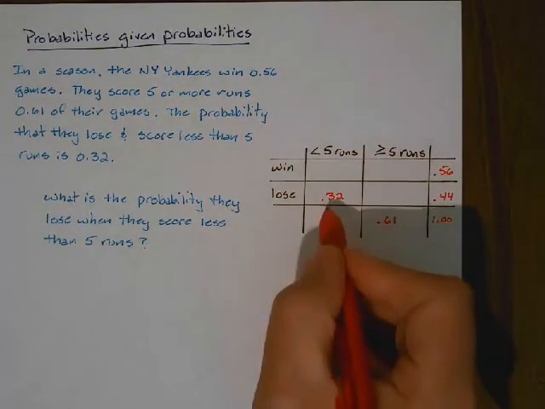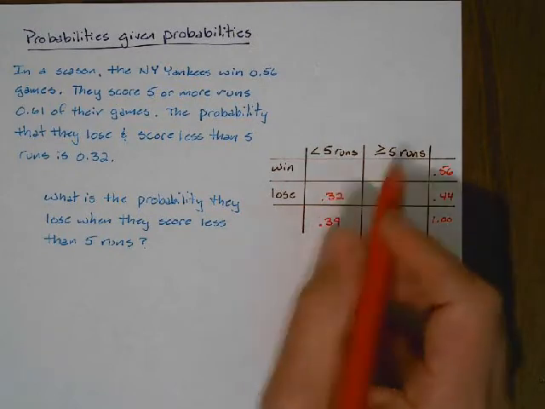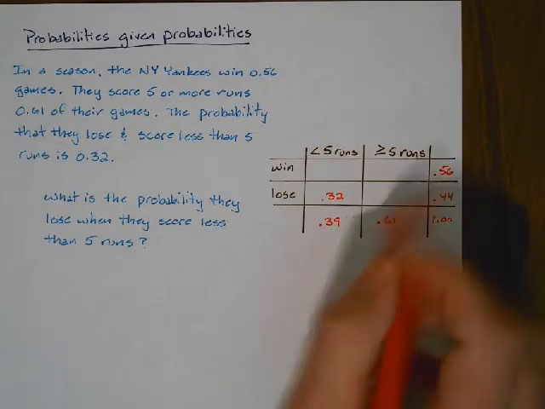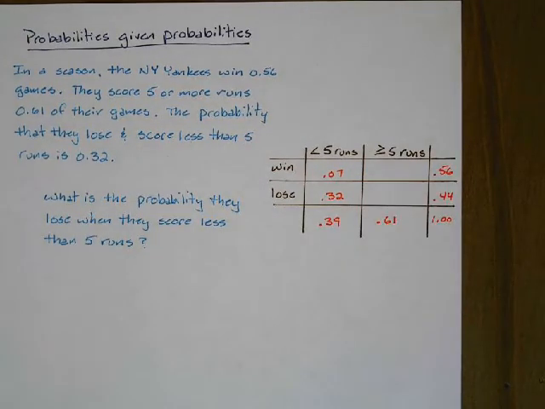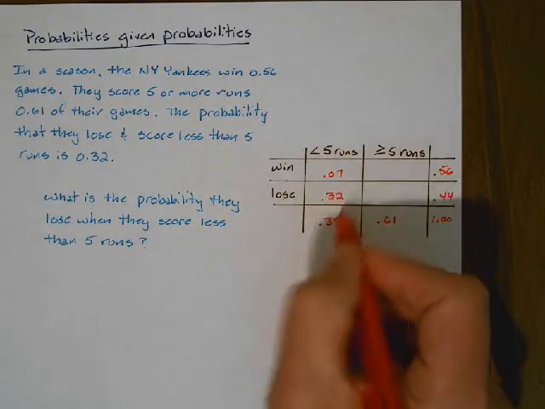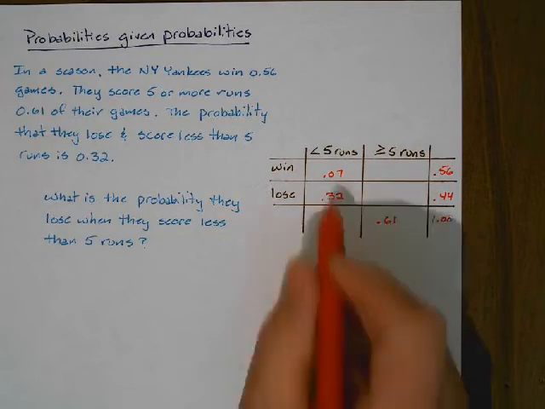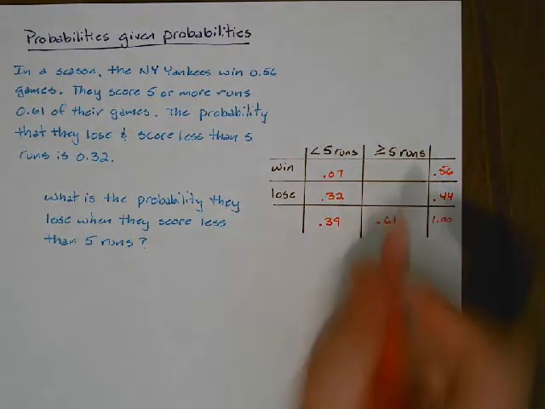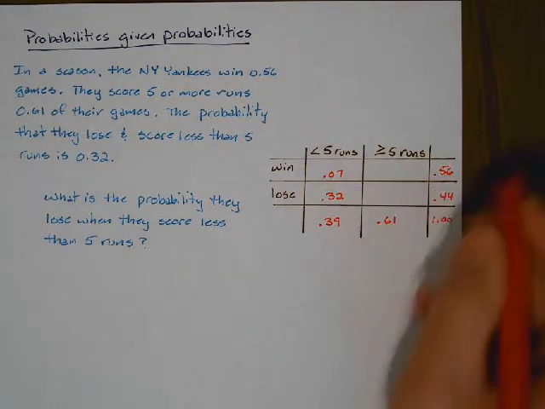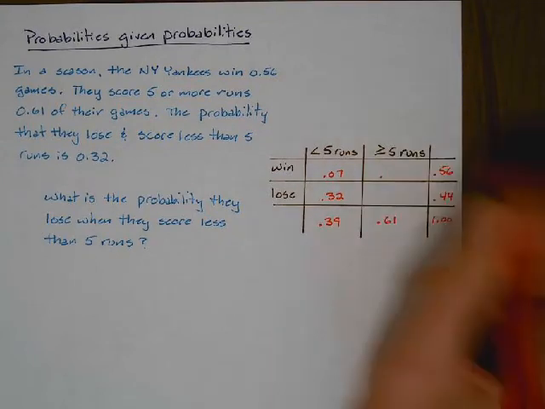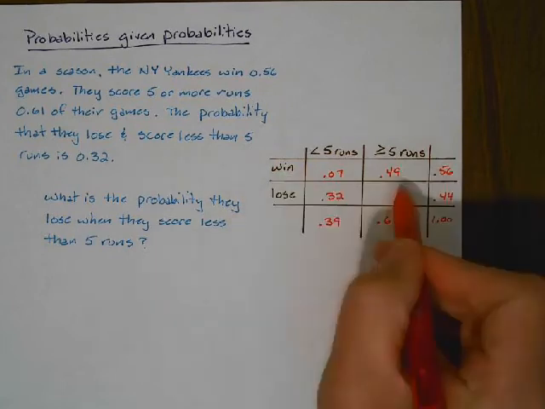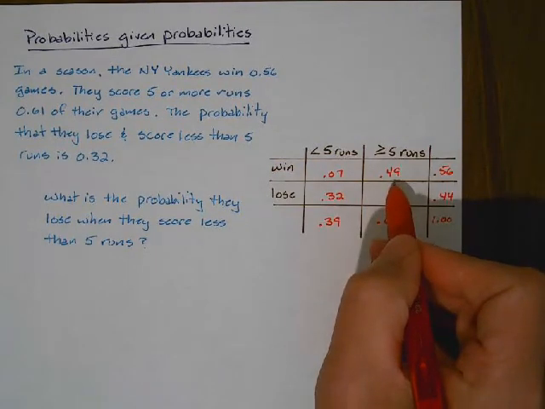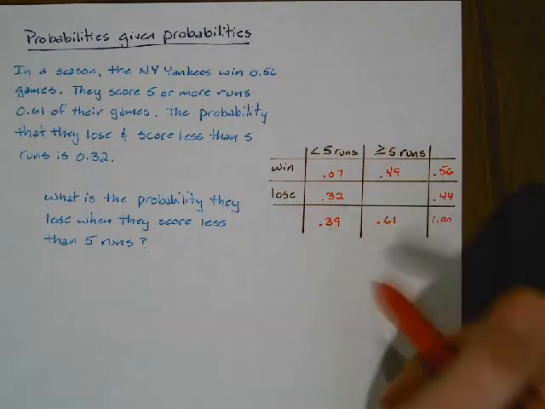So if 0.32 of the time they are losing with less than 5 runs, that means 0.07, or 7% of the time, they win with less than 5 runs. Going this direction, we can see that this number should be 0.49. So this means that 49% of the time, when they make 5 or more runs, they're going to win that game.